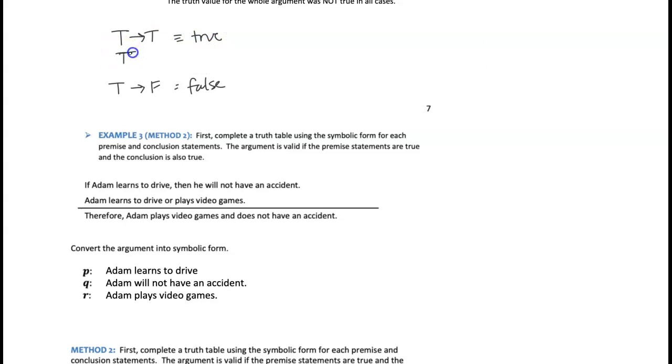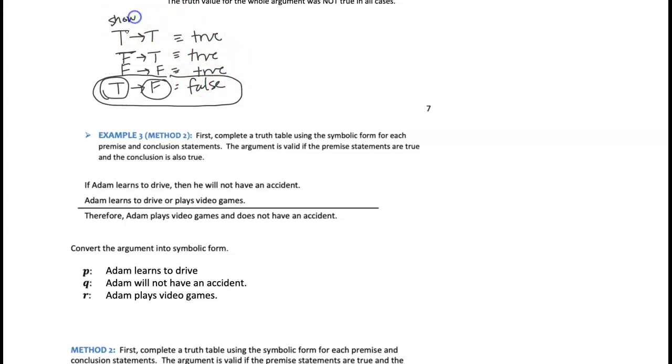Also, false implies true gives us a true truth value, and false implies false gives us a true truth value. So the only one that we're concerned about is when we have a true antecedent and a false conclusion. If we start out with a false antecedent, we end up with a true truth value. So we're not concerned about those.